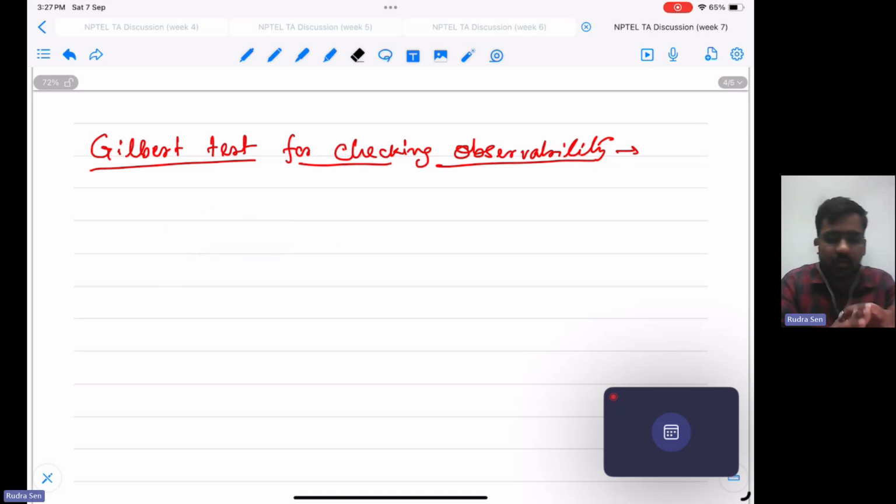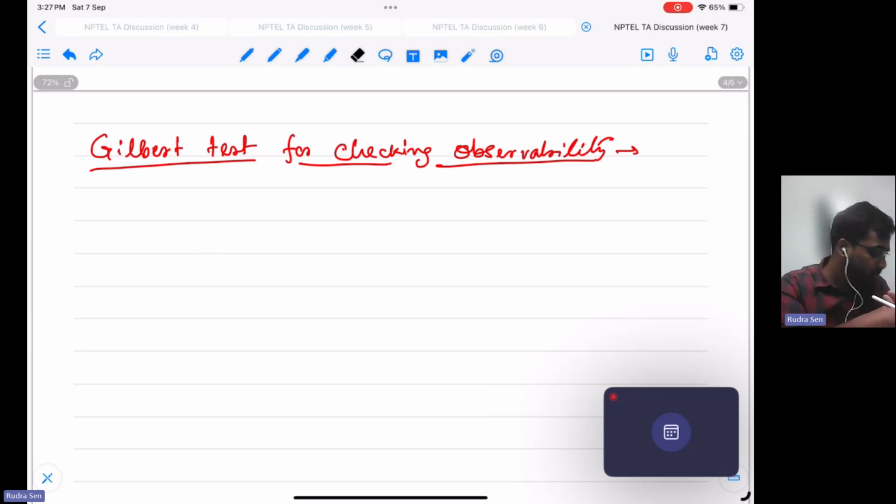So the main thing in the Gilbert test for checking observability is that whatever matrix is given to you, you have to find the similarity transformation. You have already seen how we can do the similarity transformation.